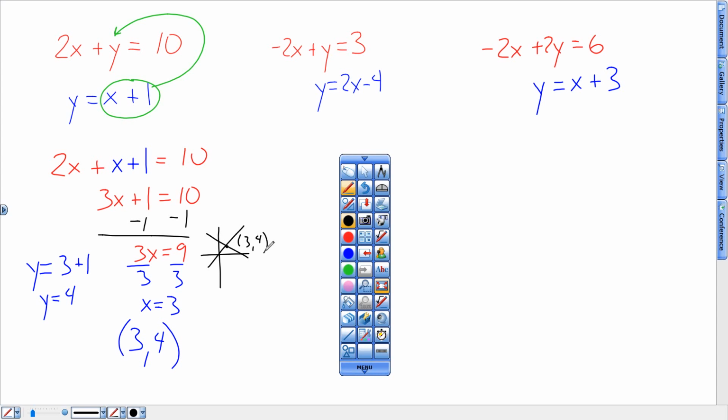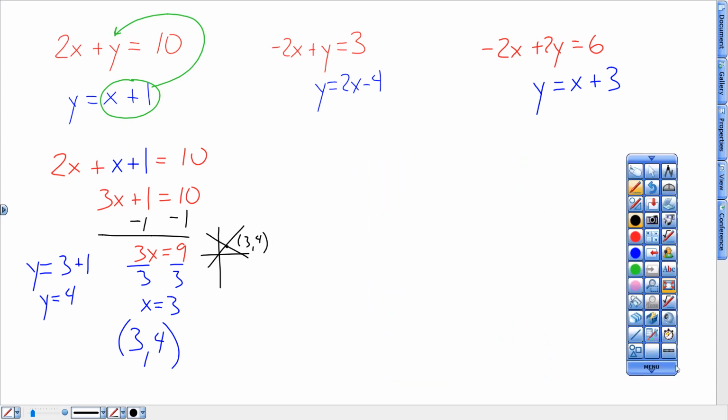One solution. If I was to do these same kind of problems with substitution, let me show you what happens for these other methods. So if I do this one and substitute this piece right here, what happens is I get negative 2x plus, and where that y used to be, I put positive 2x minus 4 equal to that 3. This is where weirdness happens.